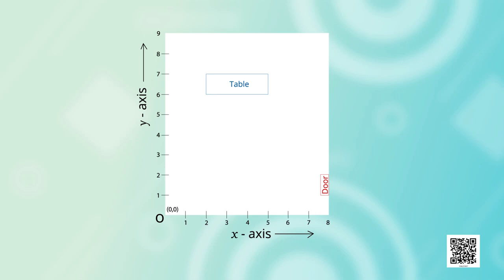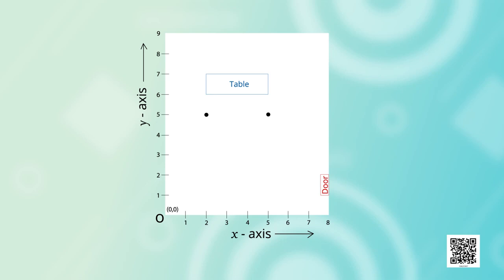That is, this is positive x-axis and this is positive y-axis. Now, isn't it easy for her to explain to the workers how to design the room, even if she is not on the site? Let us see how. She has instructed her workers that two stools will be placed at point 2, 5 and 5, 5.